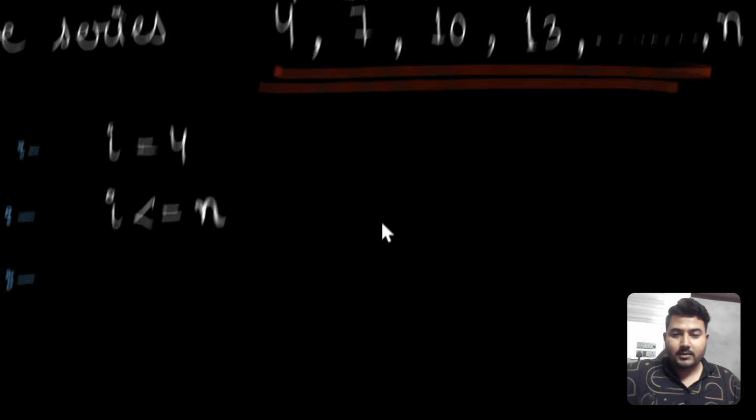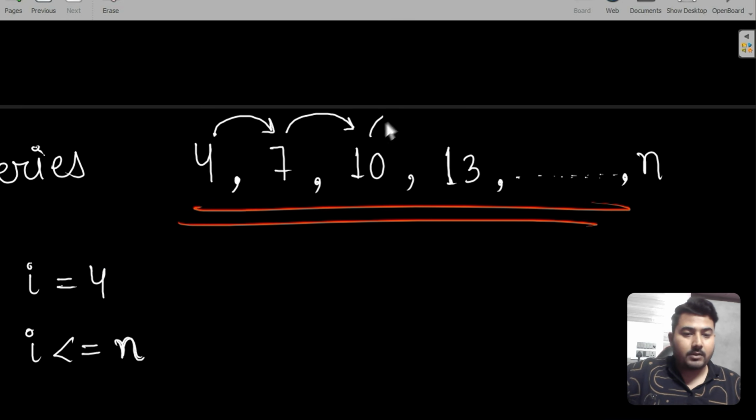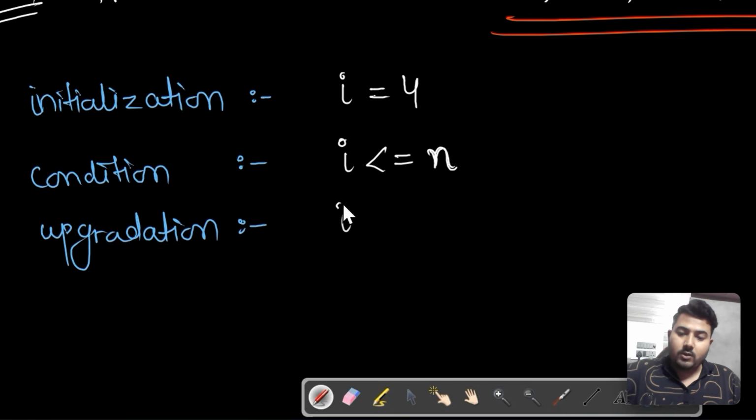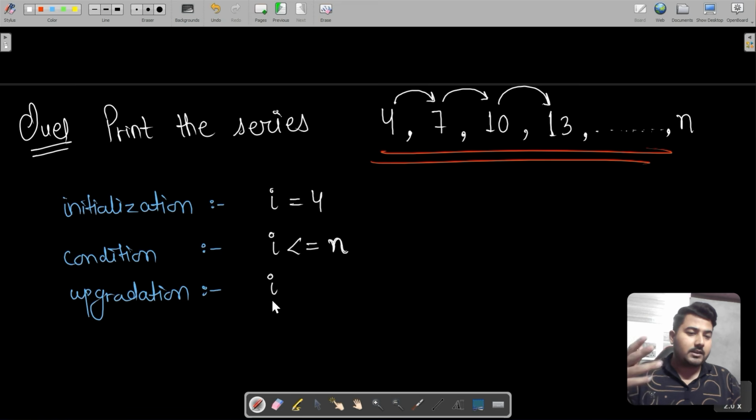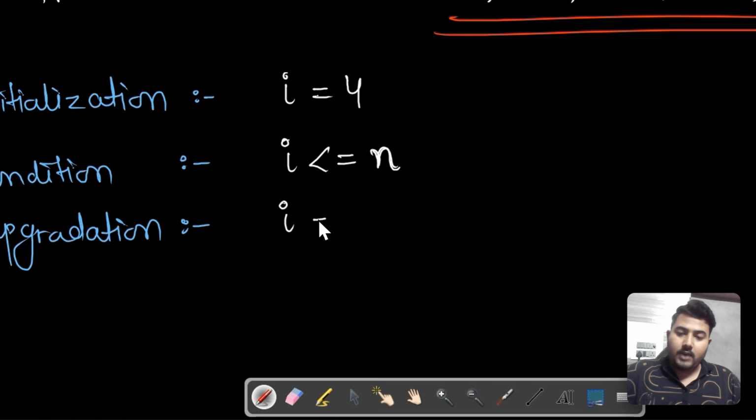Sorry about that. We are getting started from 4, and then we are moving to 7, which is getting increased by 3, then from 7 to 10, which is again getting increased by 3, then again from 10 to 13, which is again getting increased by 3. So our I variable should be getting increased by 3 every time. So I will simply say I should be equal to I plus 3, as simple as that.